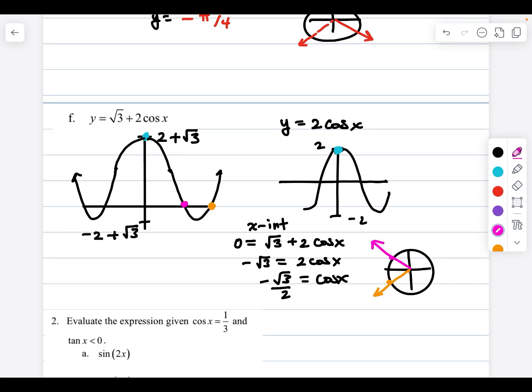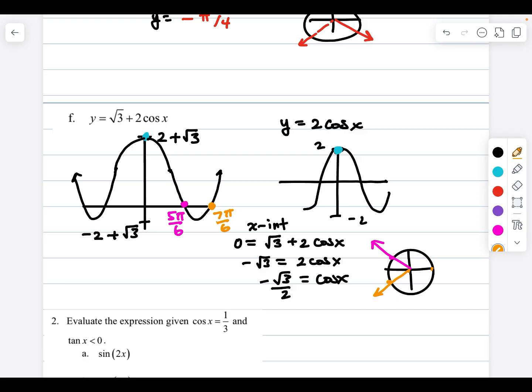So, starting at 0, if we make our way counterclockwise, that first angle there from 0 will be 5 pi over 6. Starting from 0, going counterclockwise, that angle there in the third quadrant will be 7 pi over 6.